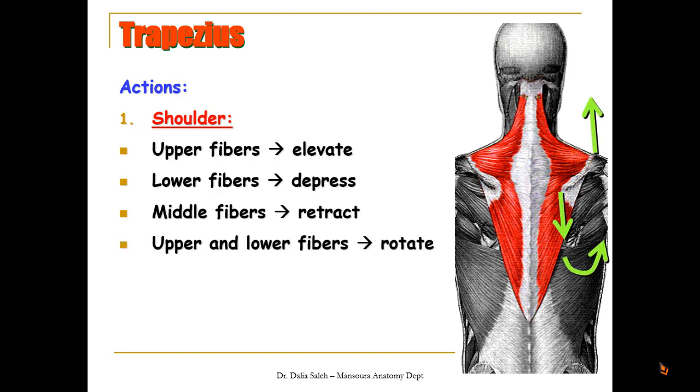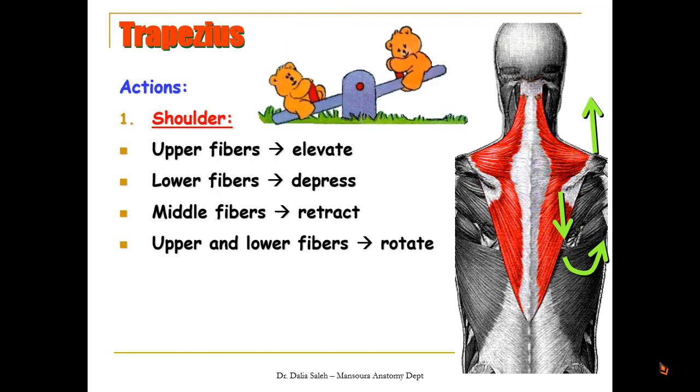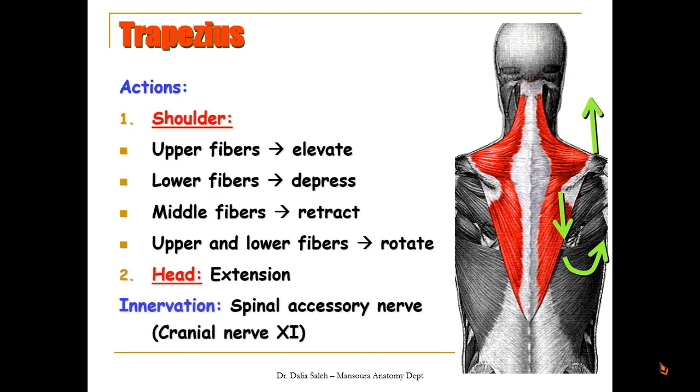If the upper and lower fibers work together, they rotate the scapula, as in raising the arm above the level of the head. The trapezius also acts on the head, causing its extension backward. It is supplied by the spinal accessory nerve, the 11th cranial nerve.